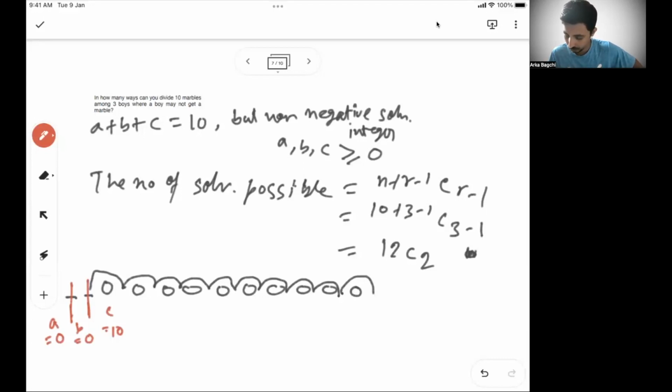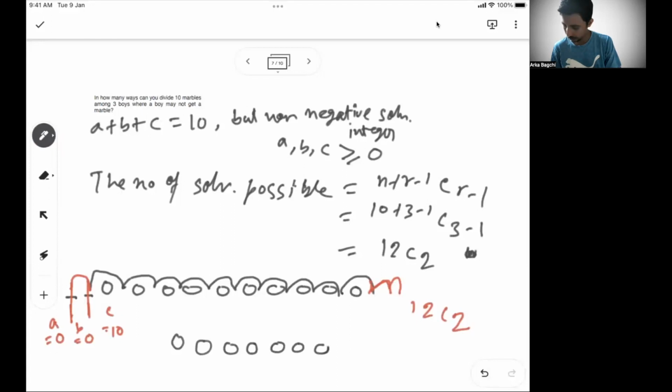So then there are 9 gaps, 1, 2, 3, 4, 5, 6, 7, 8, 9 gaps. One position where you can place 1 bar. On the other side you can also place 1 bar, but you can also place 2 bars, one at the beginning and one at the end.